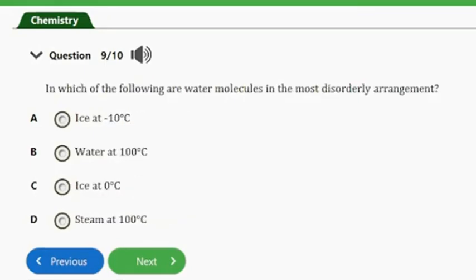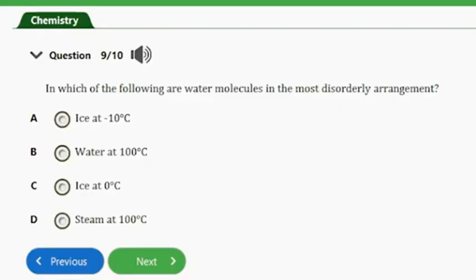So let's consider the next question, question number 9. It says, in which of the following are water molecules in the most disorderly arrangement? So we have ice at negative 10 degrees Celsius, water at 100 degrees Celsius, ice at 0 degrees Celsius, and steam at 100 degrees Celsius.